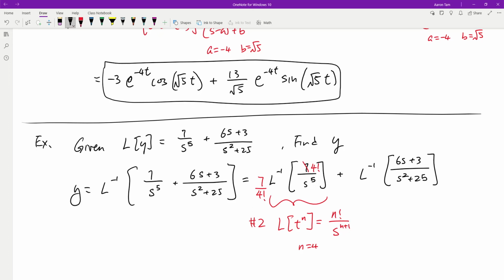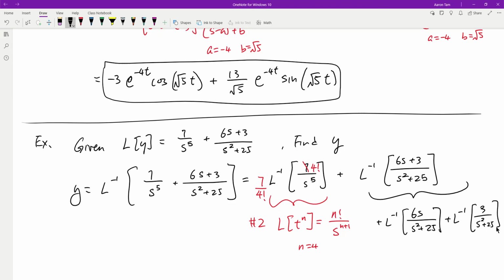So what I'm going to do is separate this first. I'm going to separate it into the Laplace inverse of 6s over s squared plus 25, plus the Laplace inverse of 3 over s squared plus 25. Now I can use the proper rule for each.